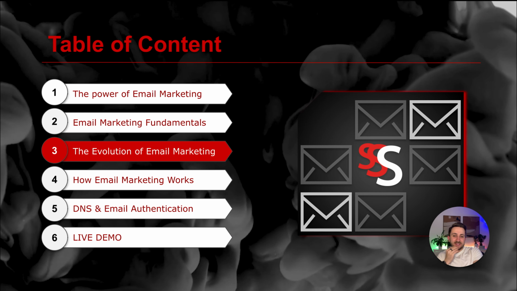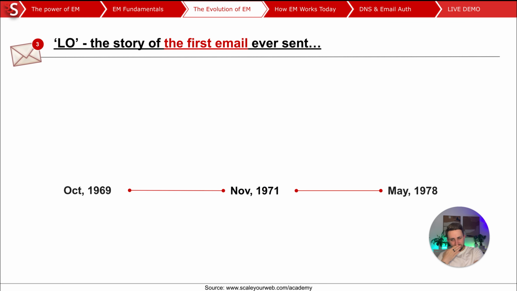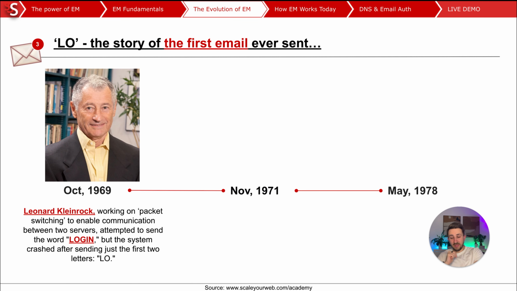Okay, so as I already said, if you want to understand the future, you need to understand the past, and I like to go a little bit into history. There are three important days, in my opinion, about email marketing, and the first is in the 1970s. There are different ideas about what the first email was, but I stick to the story of Leonard Kleinrock in the 1970s, long before the internet was created, as we know it, the World Wide Web.